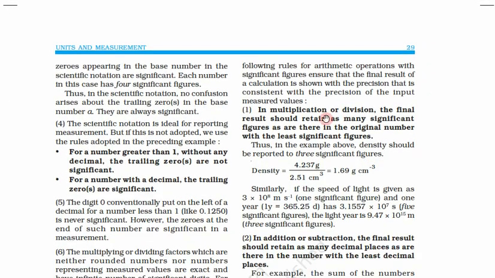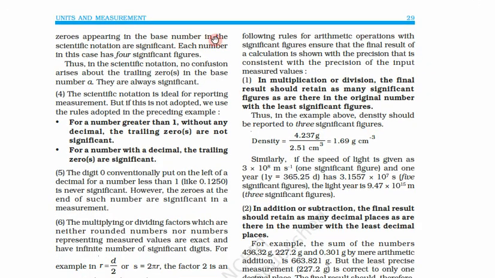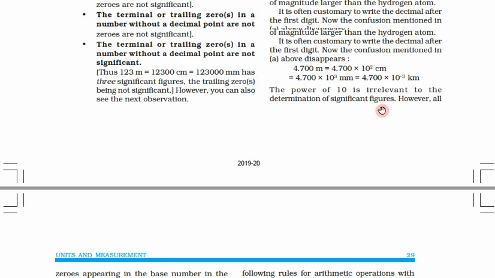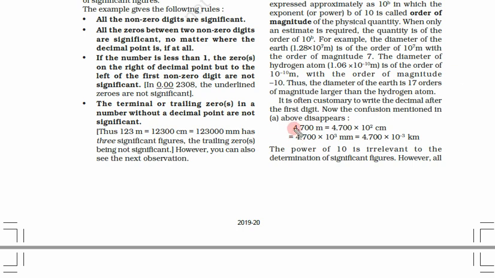However, all zeros appearing in the base number in scientific notation are significant. So now we have removed the confusion about whether these zeros are significant or not. Each number in this case has 4 significant figures: this has 4, this also has 4, this has also 4, this has also 4. Also, it is much more convenient to remember the number because there is only one number.